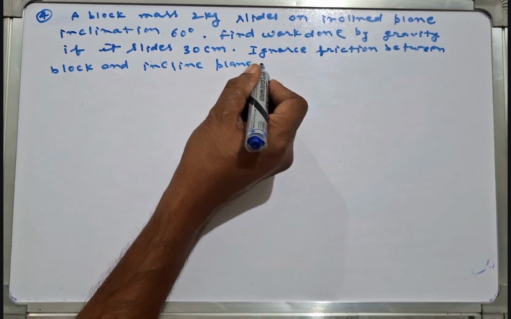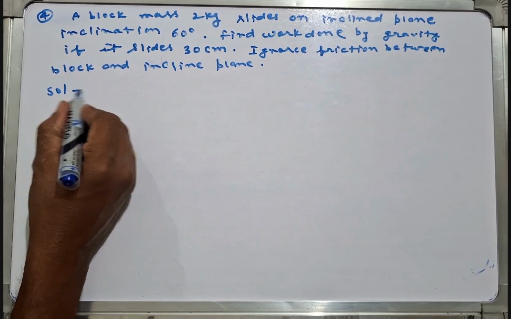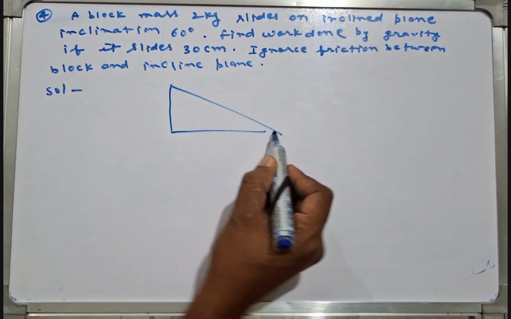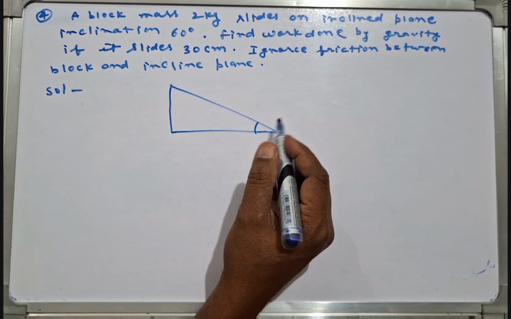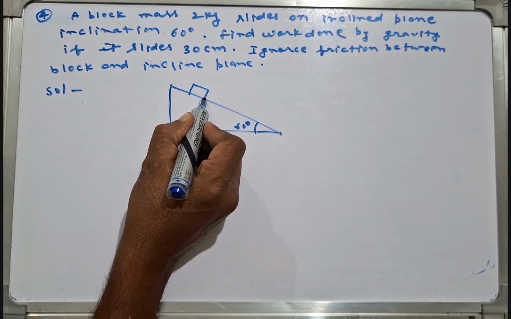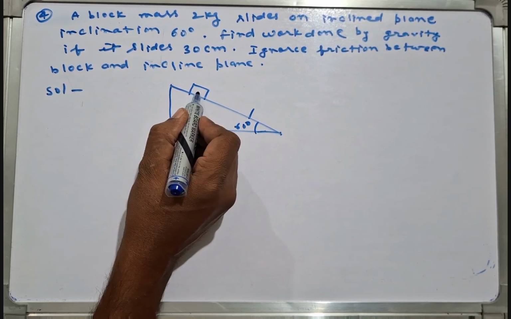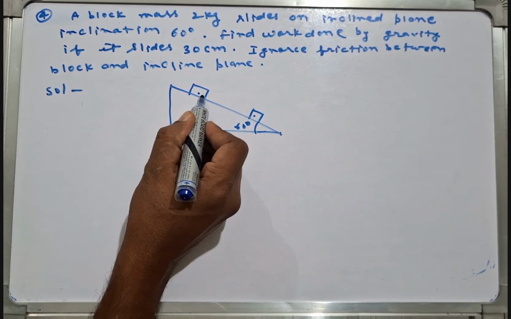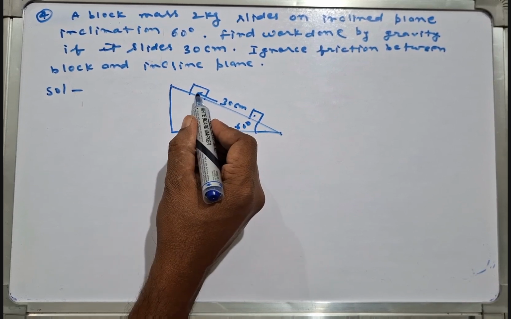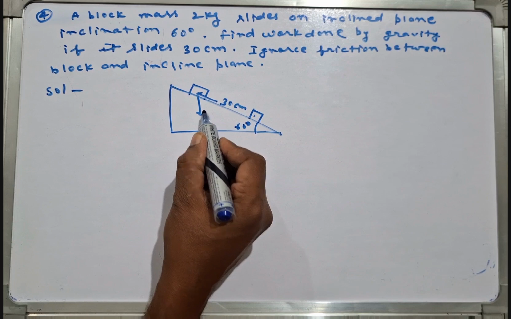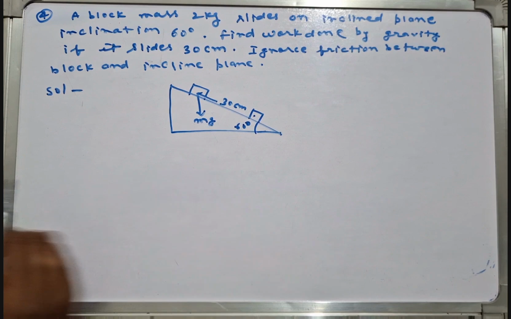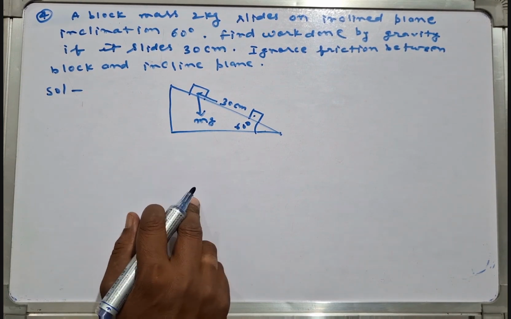Okay, so guys, here the solution. If you see, this one is an inclined plane, and this angle is what, guys? 60°. This block is here, now it slides from here to this point, and this is given 30 centimeter. Okay, so here mg is acting in this direction, in the down direction.